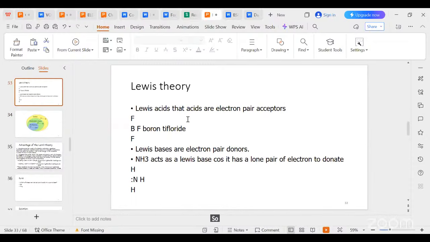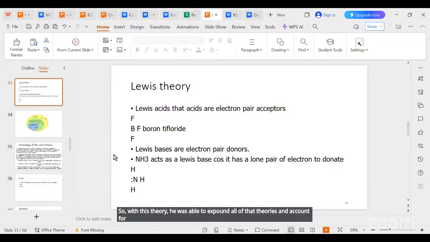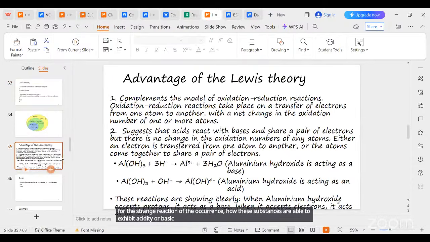So Lewis acids are anything that are electron pair acceptors, and Lewis bases are anything that are electron pair donors. With this theory, he was able to expound all other theories and account for the strange reactions, how these substances are able to exhibit acidity or basicity, as the case may be.